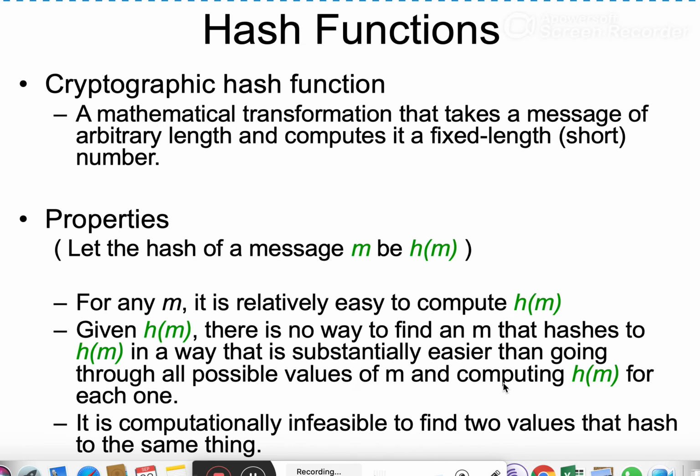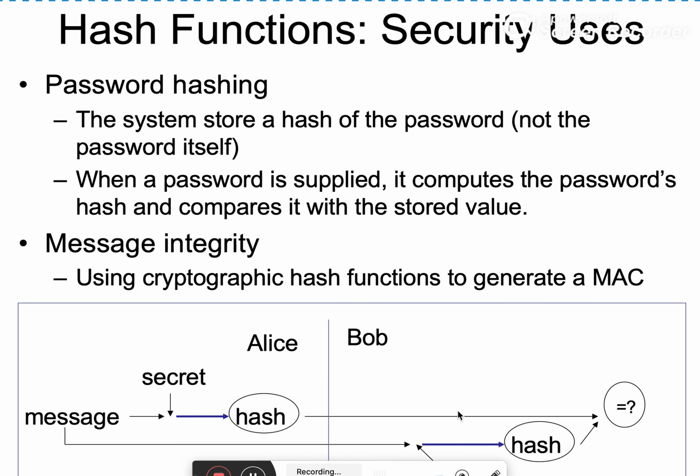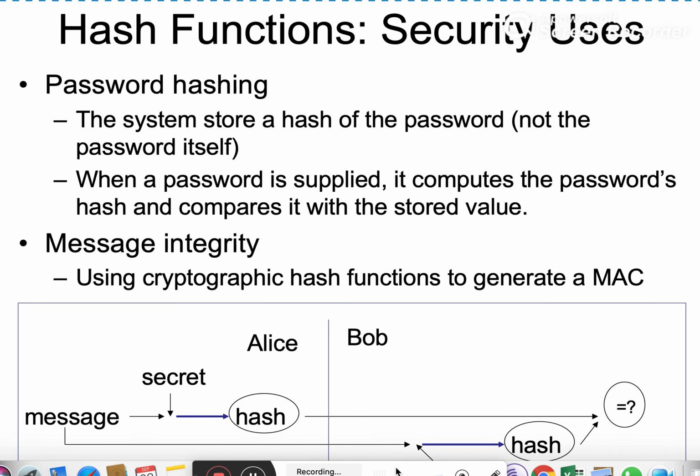So what happens on Bob's end when Bob receives this message? Bob will calculate the hash of the message using the same secret key. Okay, here it is not visible.